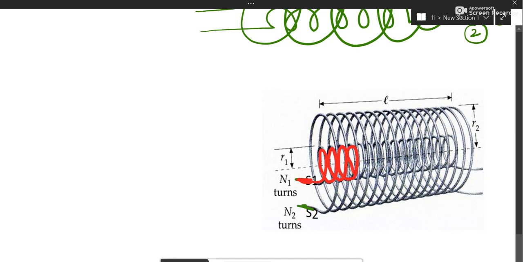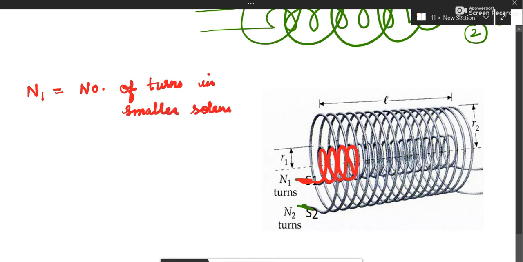So the number of turns in the smaller one is N1. All the details of the smaller solenoid will be denoted by 1. Similarly, this is the area of the smaller solenoid, the cross sectional area.